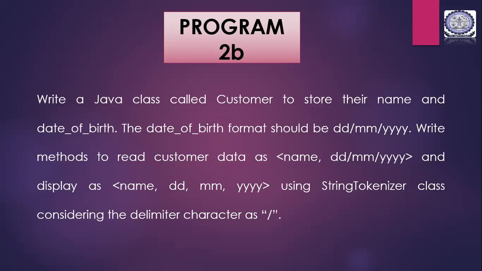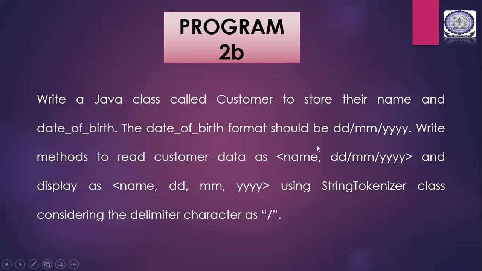Okay, and they have given that this program should have methods to read the customer data. The customer data has to be read with braces here. Have a name, date, month, have a comma here. Sorry, I have missed this out. This comma should also be there, and then the date, month, and year should follow, and it should be closed by this particular symbol.